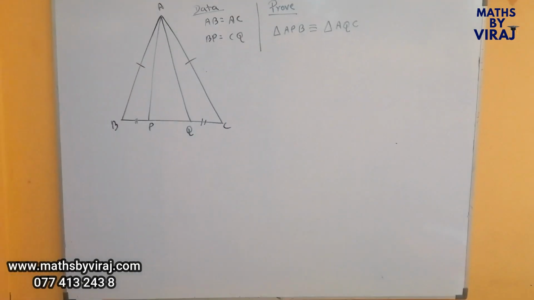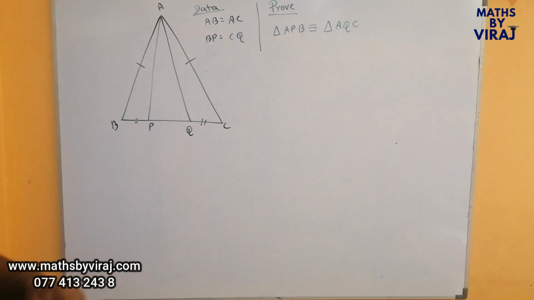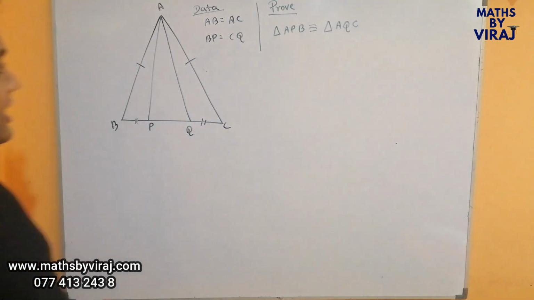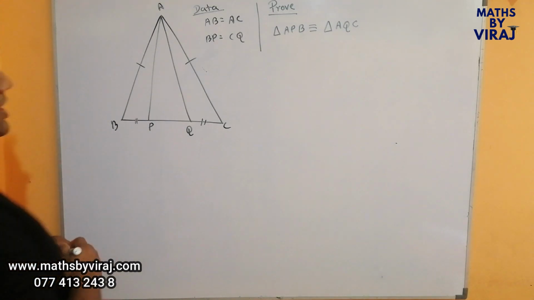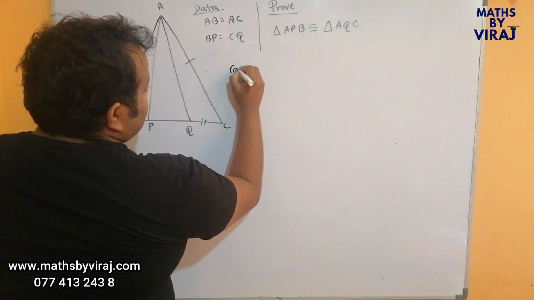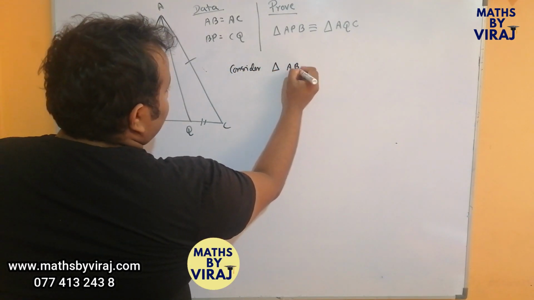Children, in this example, it is given to us in data that side AB is equal to side AC and BP is equal to QC, and we have to prove that triangle APB and triangle AQC are congruent triangles. Fine. Now, let's consider triangle ABC.